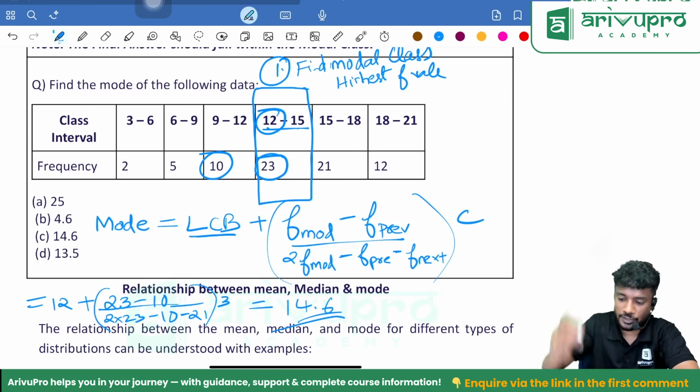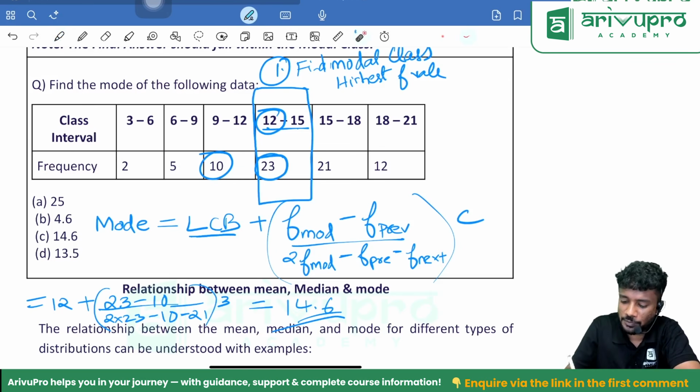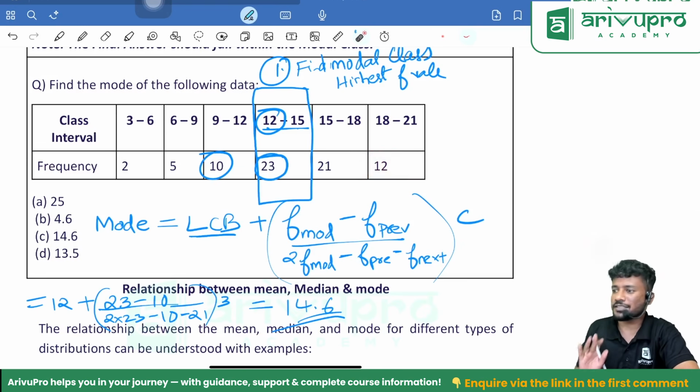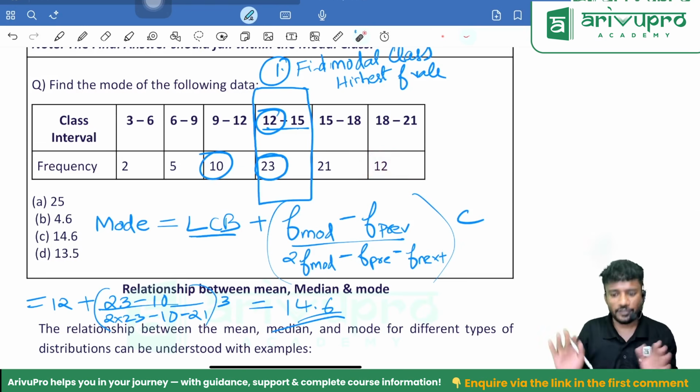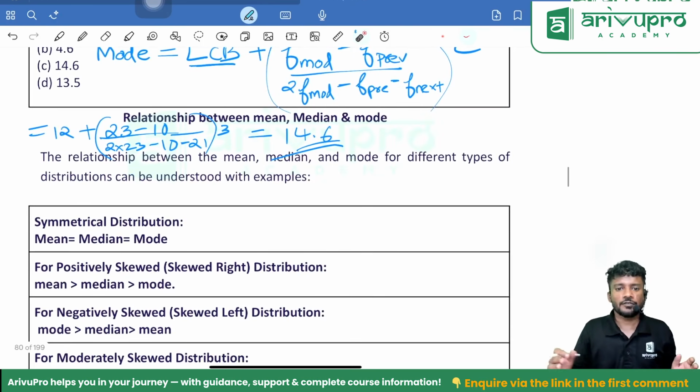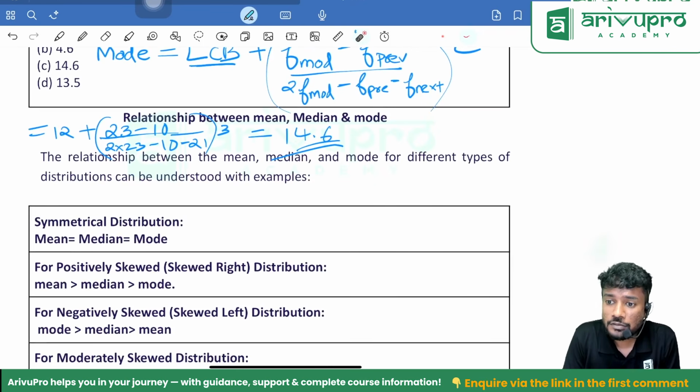Then there is another case also, sometimes the modal class will be at the end, then what you will take as the next one, we cannot do that like that. There is another method for that, that is not required for you. That is the basic thing. Whatever is there, we will do it.